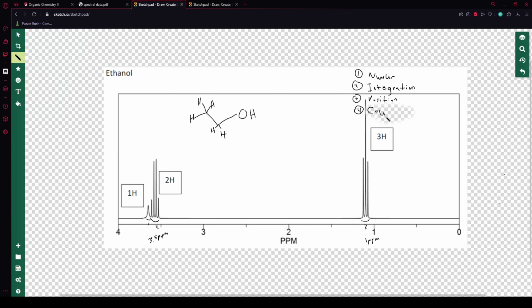And what coupling is referring to is that the hydrogens in the peak can couple with hydrogens on carbons near them. And so let's just draw out a little demonstration here.